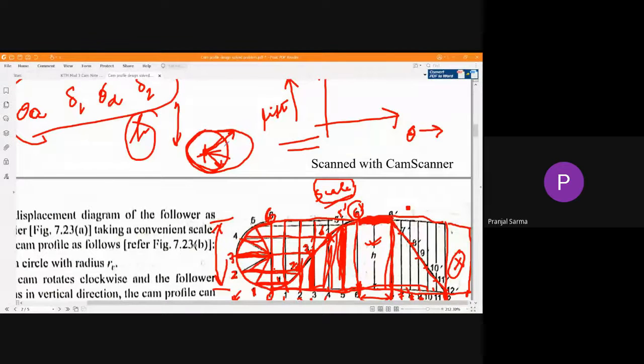Whether it is this much extension, this much, or like that, this idea is given by this lift of the follower. So at this particular angle, this much is the lift, and this is the position of the follower. If less lift, somewhere else is the follower position. That is the working surface, how it will look, it will be given by that.